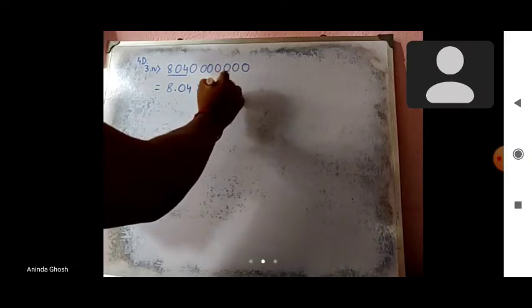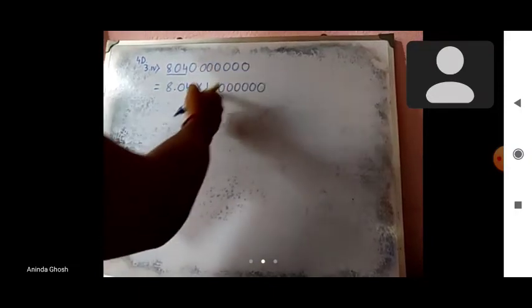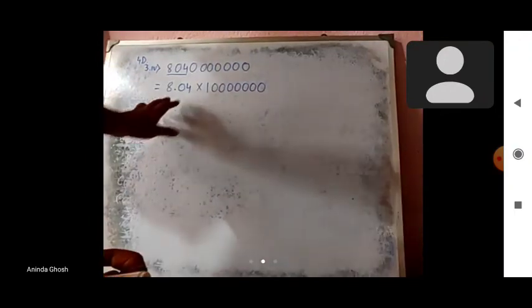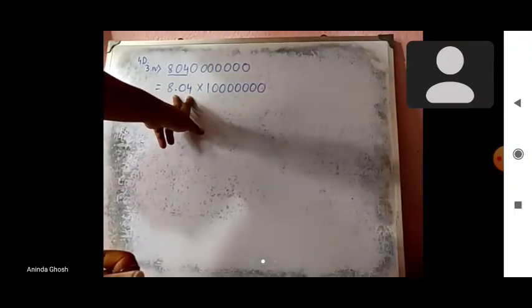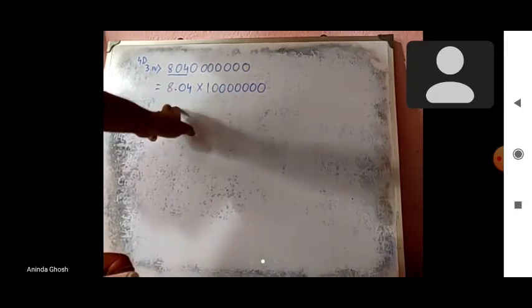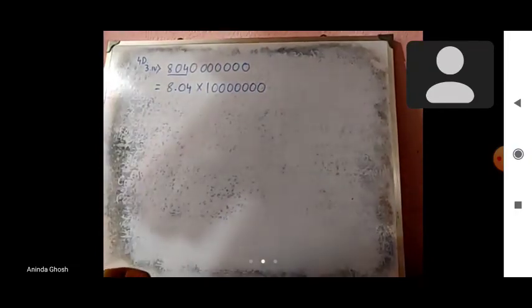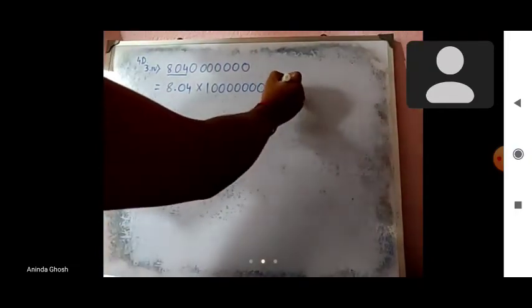So that's why we increase the number of zeros. So here 7 zeros are there, so we have to increase 2 extra zeros, so 9 zeros for balancing the ratios.